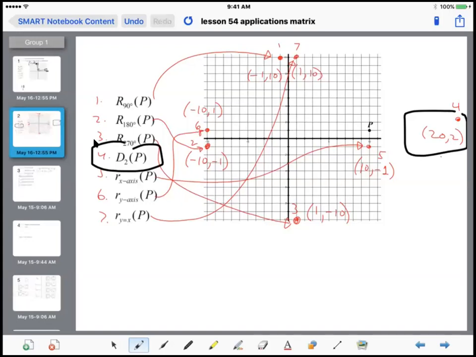What we're going to see today is that one of the most important uses of matrices is that they can be used as a way to describe geometrical transformations.